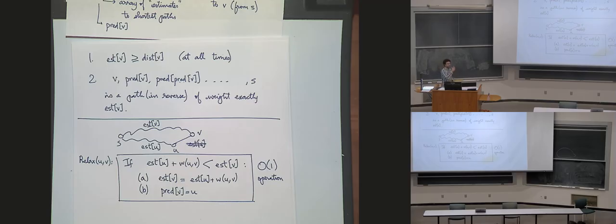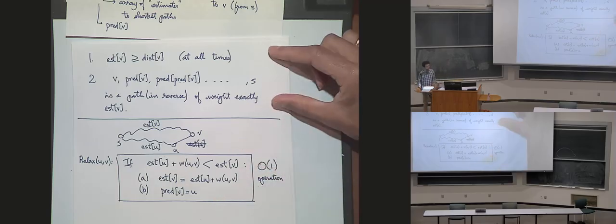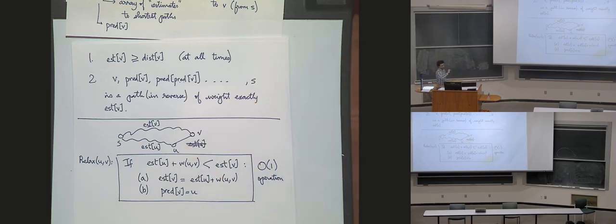You're never going to make a mistake. You're always going to maintain these properties at all times. So the nice thing about doing any sequence of relax operations that converges is that even if you stop in between, you will always have these properties.